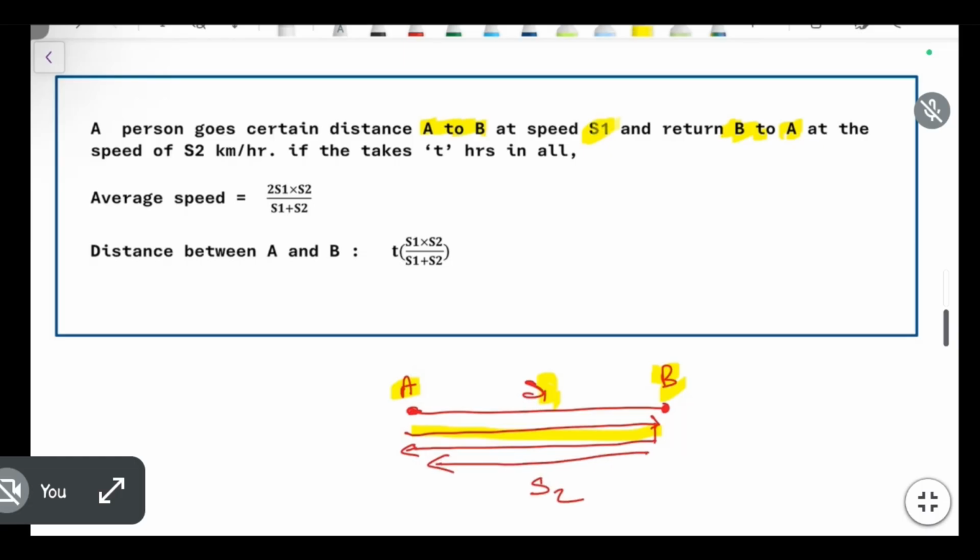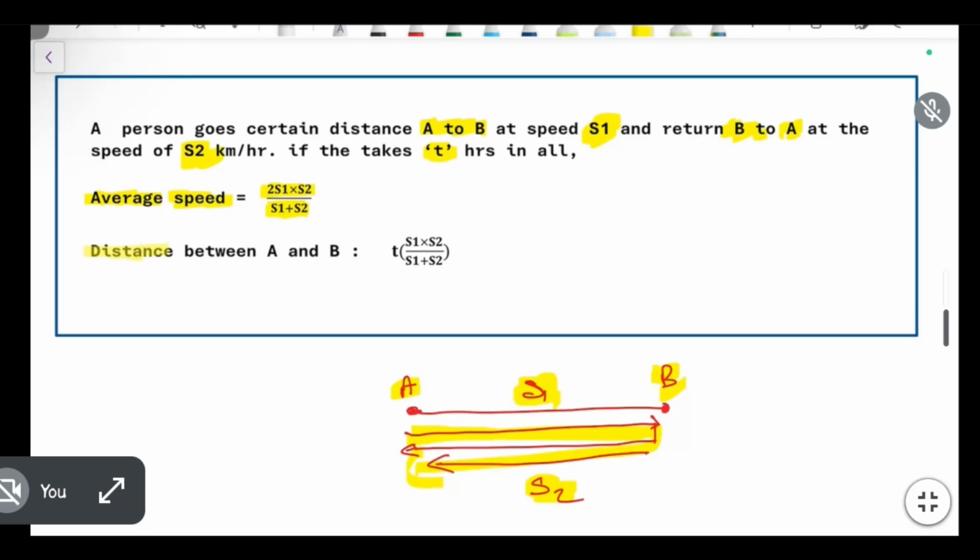And let's say he takes T hours to go and come back, then the average speed is given as 2 times s1 into s2 divided by s1 plus s2. That means 2 times the going speed and coming back speed divided by their speed sum.